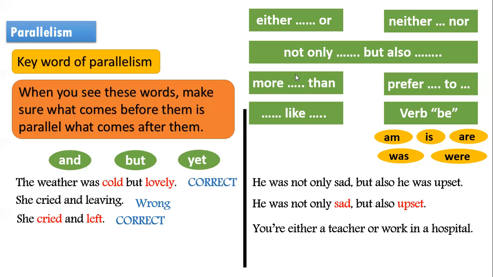I have: you're either a teacher or a doctor. So in this case, you will have "either" followed by a noun and "or" also followed by a noun, which makes it parallel. You're either a teacher or a doctor. In this case, you have the parallel structure here and there.